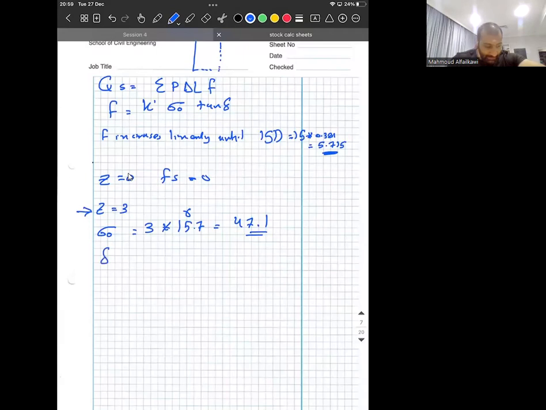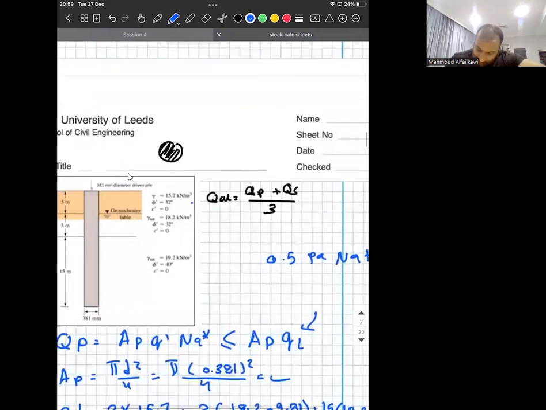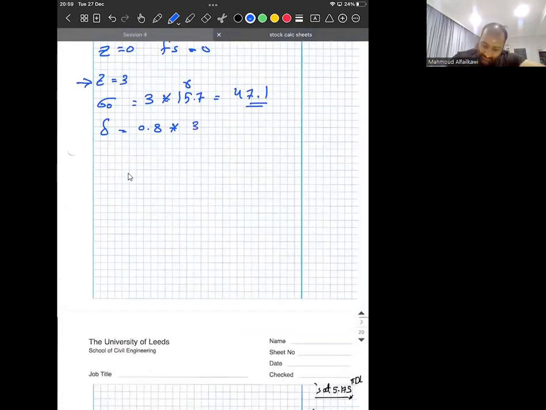So I calculate delta now, which is equal to 0.8 multiplied by, if I remember, it was 32 for this layer. Phi is 32, so it's going to be 0.8 times 32, which equals 25.6. And K, we said, is going to be 1.3. Now I'm ready to calculate F, or F friction.